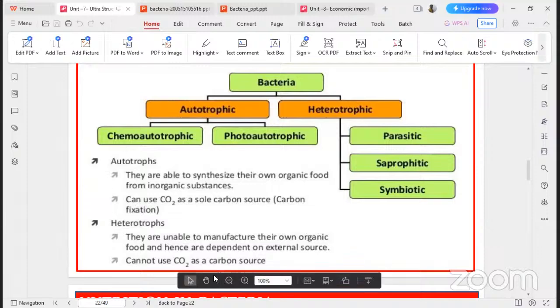Autotrophic means they can synthesize their own food material.